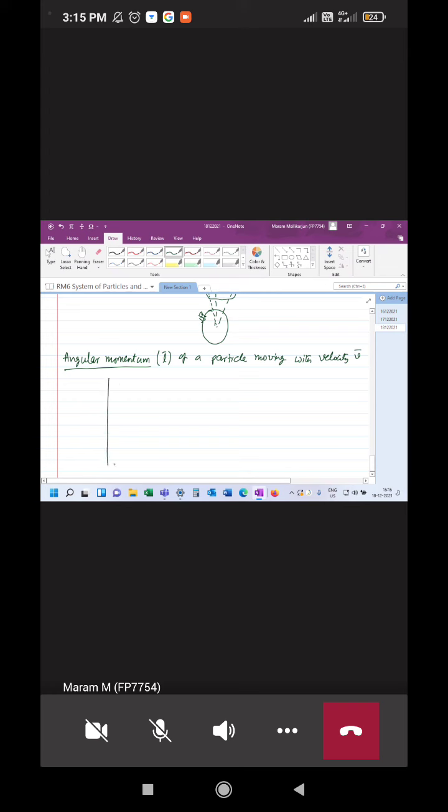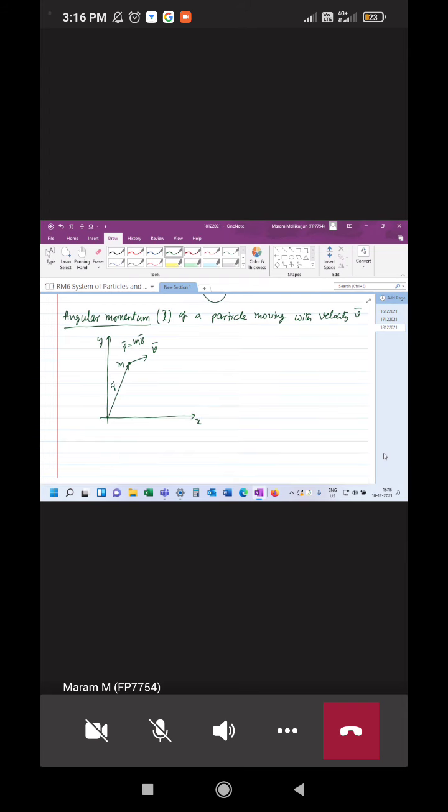If a particle is moving with speed v, the mass of the particle is m, and its velocity is v bar. Then what is its linear momentum? P bar equal to m into v bar, isn't it? At a certain point, let us say its position vector is given by r bar.